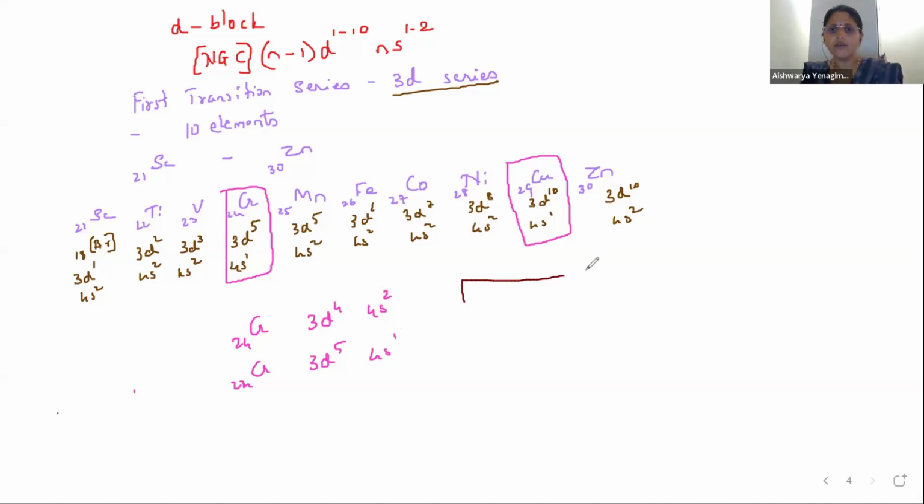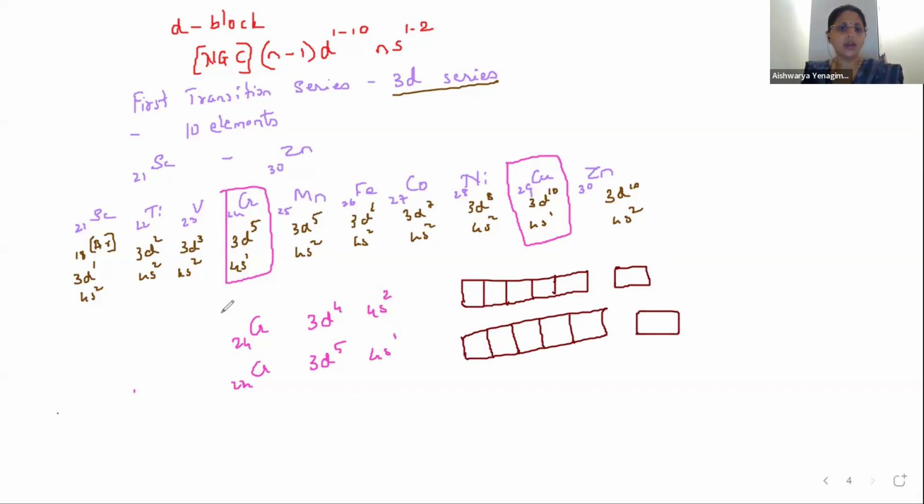The reason is that in the d orbitals there are 5 subshells, 1 2 3 4 5, and in 4s there is one subshell. I'll draw it here also to make you all understand. So 1 2 3 4 5 and 4s. According to the expected configuration it should come like this, with Pauli's exclusion principle, pairing not taking place until it is half filled.